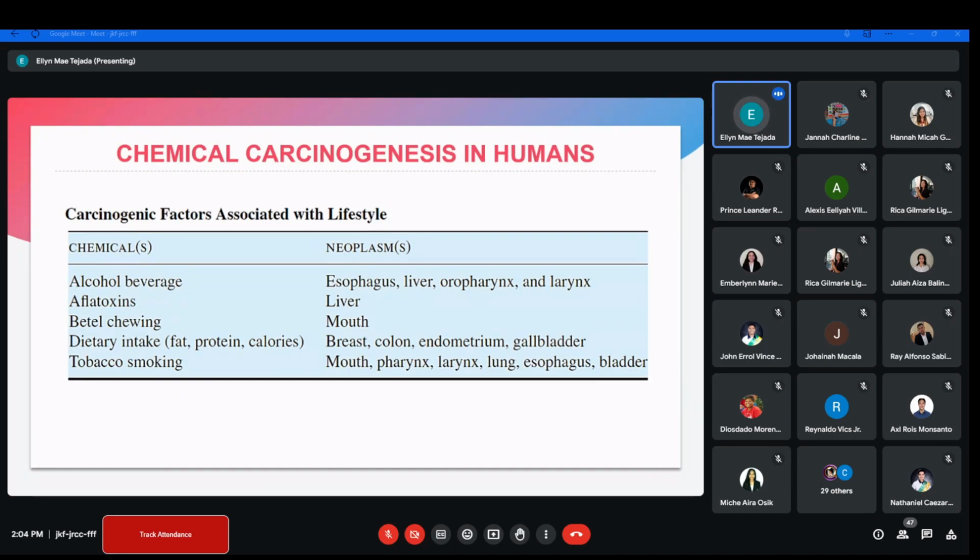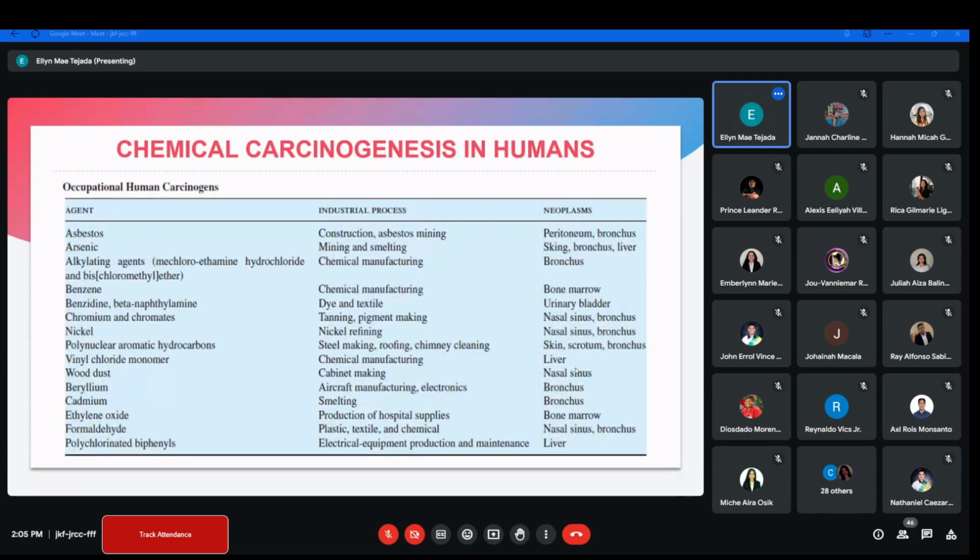Of course, these are the tissues that could be affected: mouth, pharynx, larynx, lung, esophagus, bladder. Aside from that, we also have occupational human carcinogens. For those people in the construction industry, asbestos is still in the market and we are still using it.